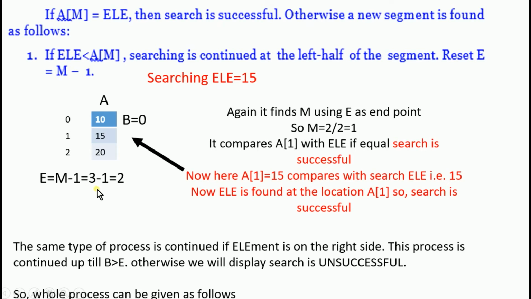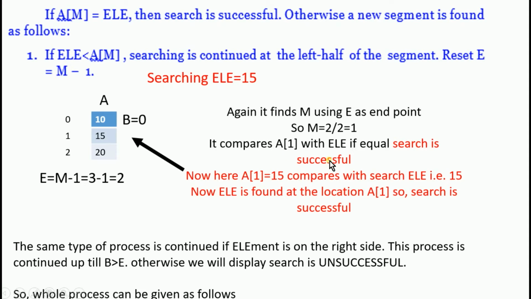So E is equal to M minus 1, that is 3 minus 1, equal to 2. Now we have only 3 elements of the array. Again it finds M using E as the endpoint: M is equal to 2 by 2, that is equal to 1.